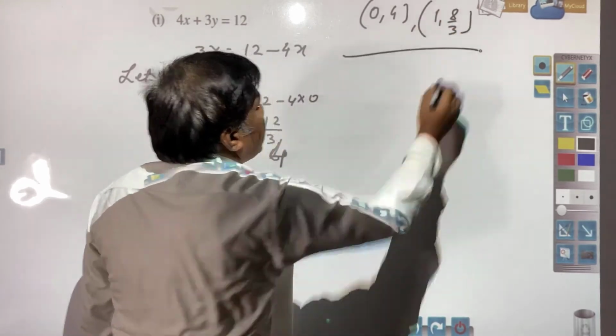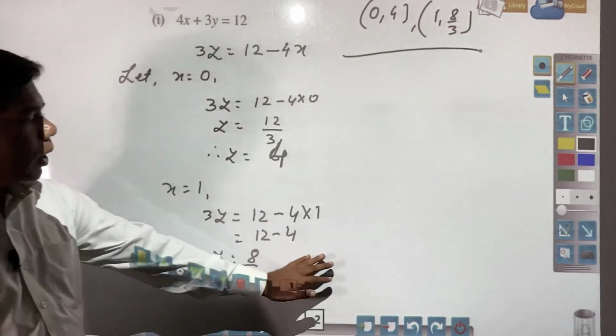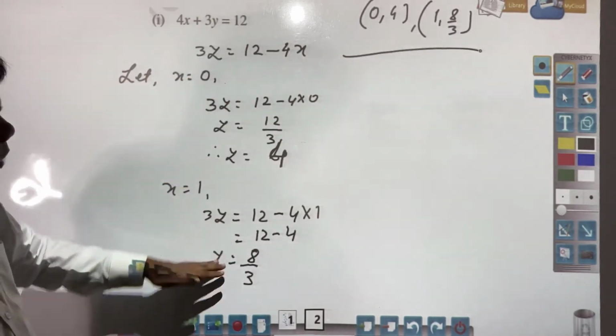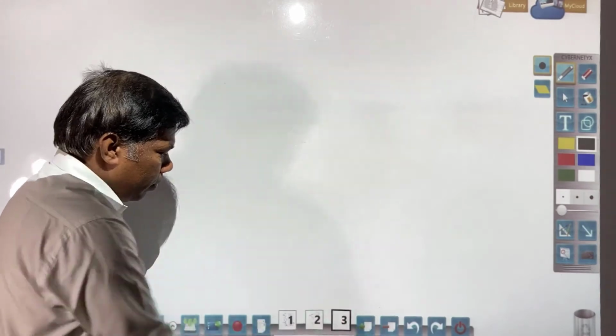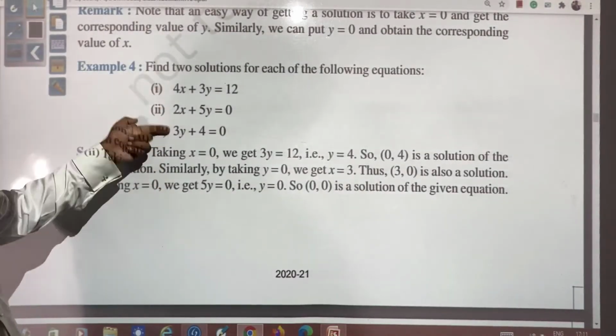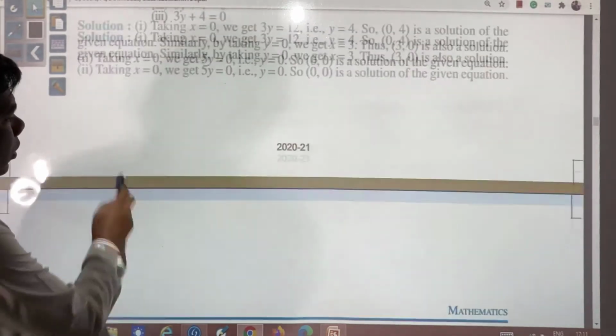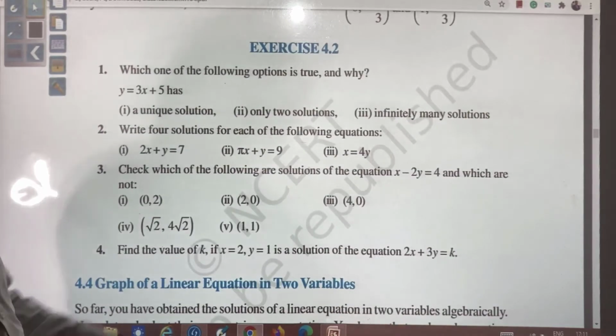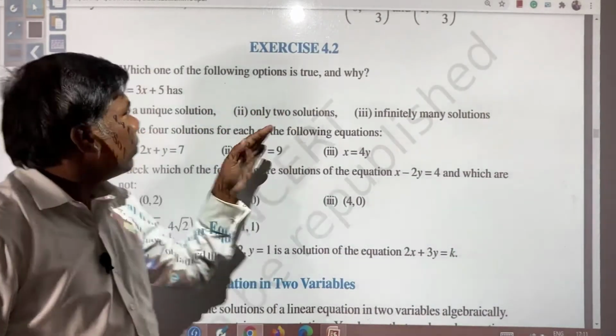So in the same way, if you want to get more solutions, just assume x and you will find out y. In the same way, these questions can be solved. So just go through the solutions, and then you have exercise 4.2.